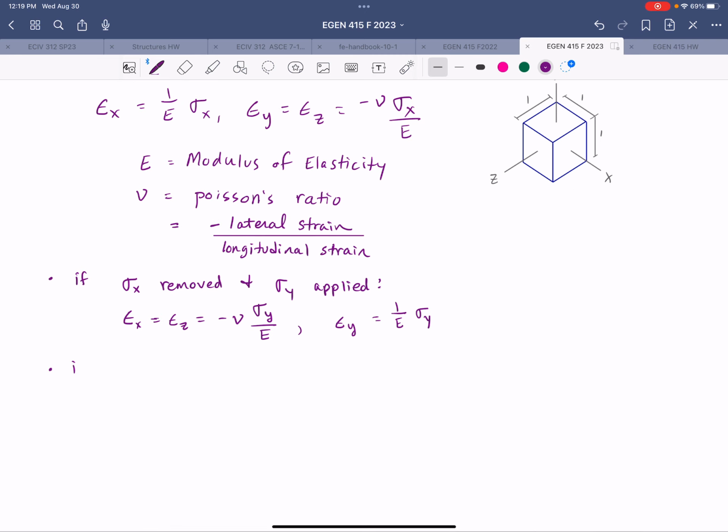Similarly, if we remove that sigma y and apply sigma z, then we have normal strain in X and Y both equal to negative Poisson's ratio times sigma z over Young's modulus, and normal strain in Z is 1 over Young's modulus times sigma z.